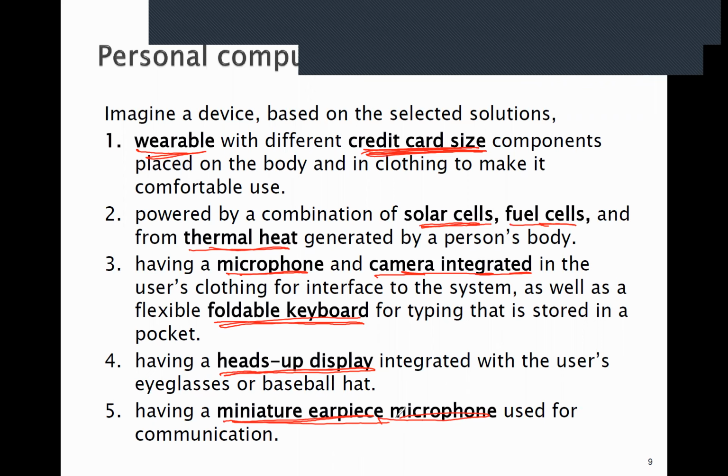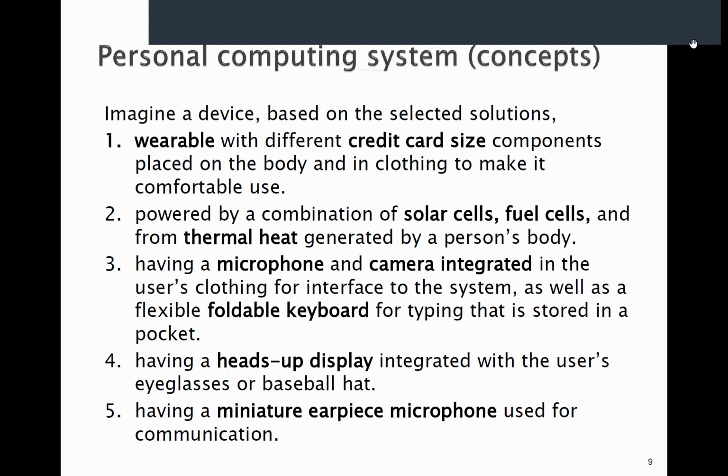So it seems to be quite challenging to design such a system, but that is not the subject we have to consider now.